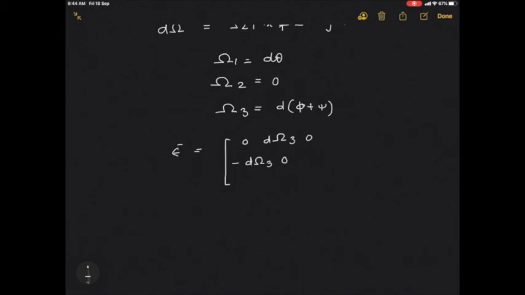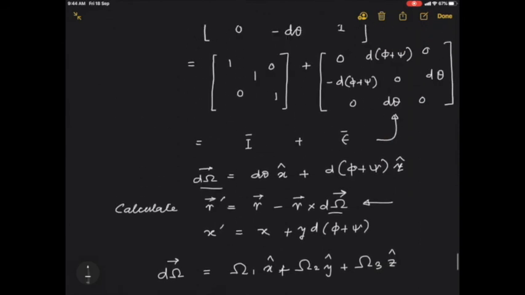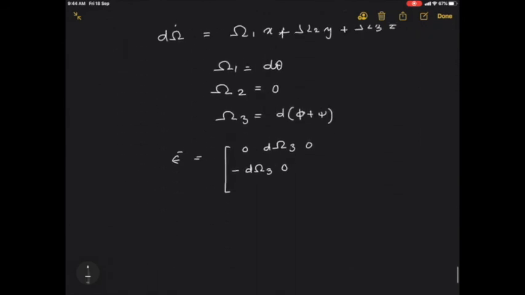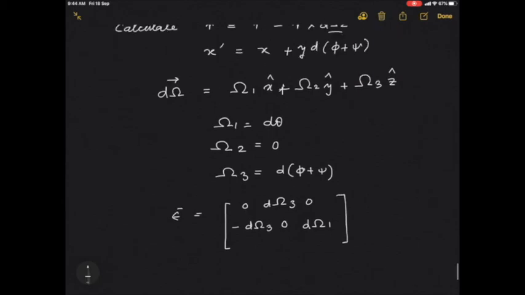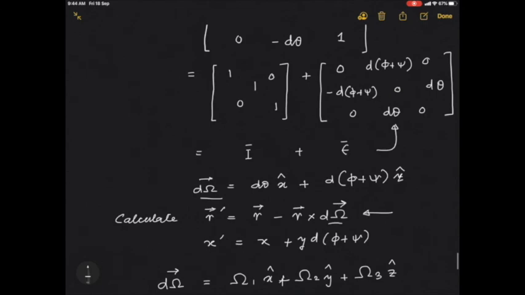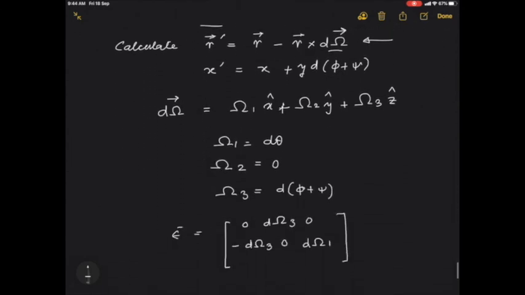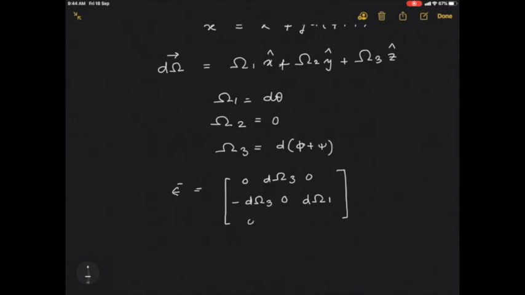Here you see that I have minus d of phi plus psi, so this is minus d omega 3, this is 0. This place I have d theta, which is omega 1, so I have d omega 1, and this place I have 0, this place should be minus d theta, and then 0.